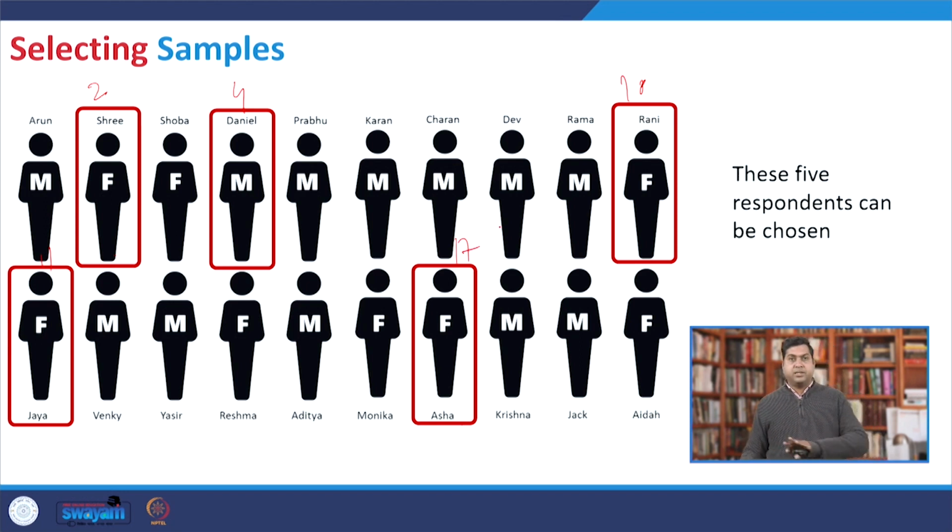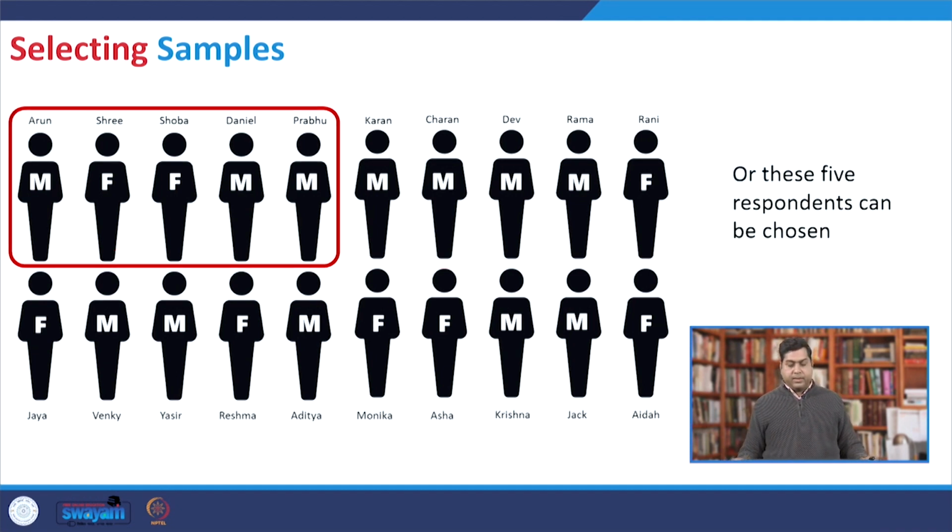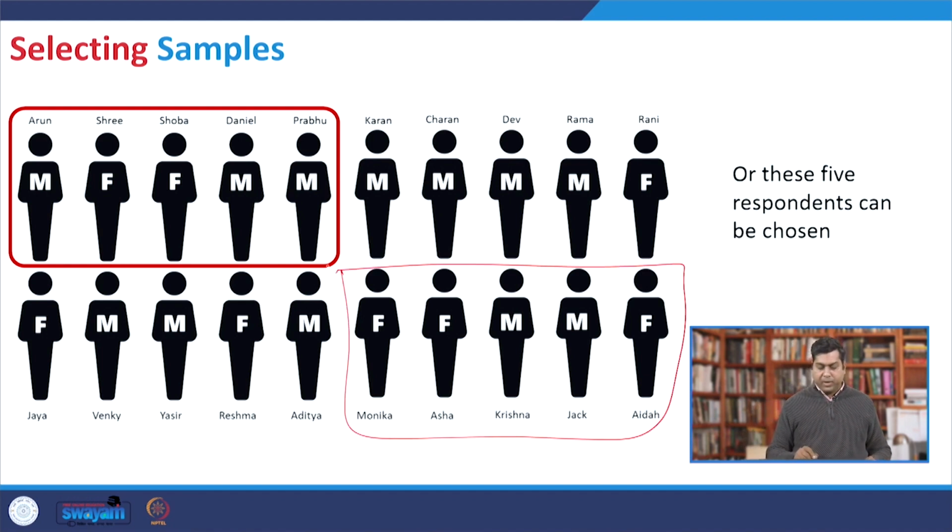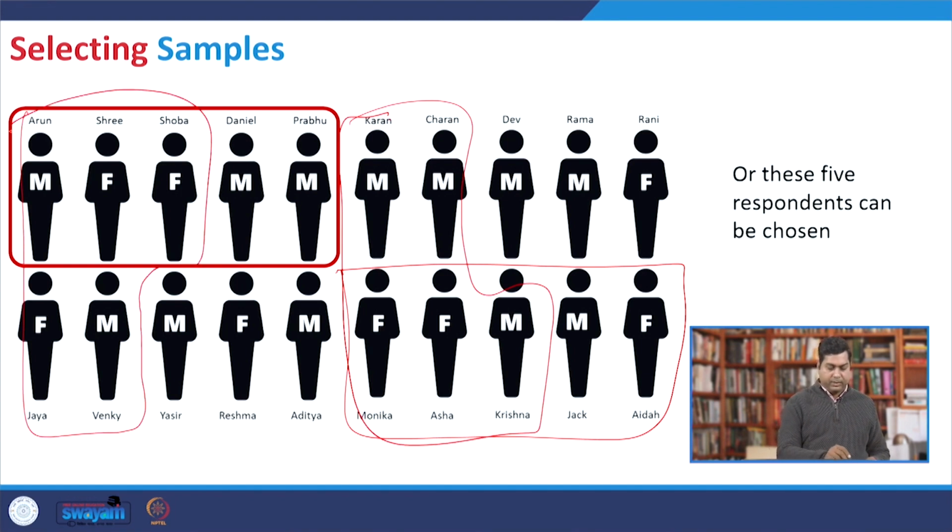So there is no such pattern, and I can just select like this. This also satisfies that I have to just select 5. Or else I can select the first 5, or the last 5, or I can select in a different way, like this or like this.